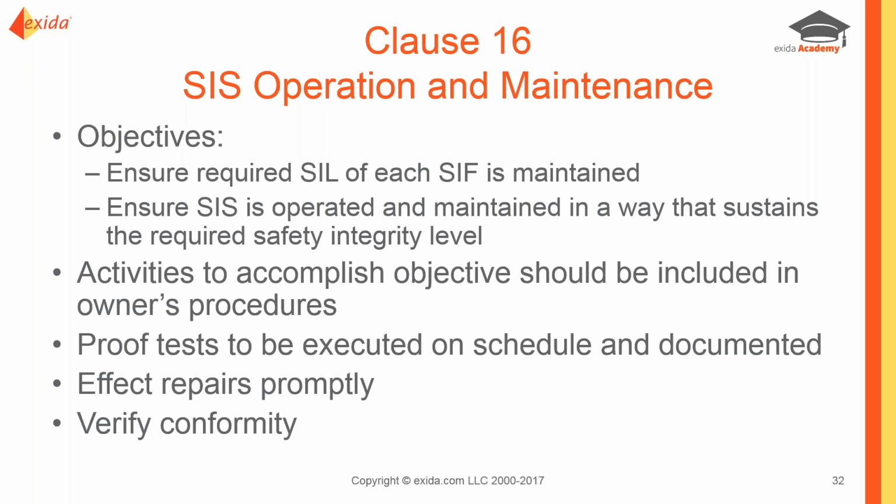There will be the proof test procedures that have been developed. They need to be executed on schedule, well documented, and then of course repairs have to be effected promptly in order to do that. So the functional safety management plan at a high level needs to point to these procedures. Who are the responsible parties, both departments and organizations, to be identified, and what are the competency requirements for those people?